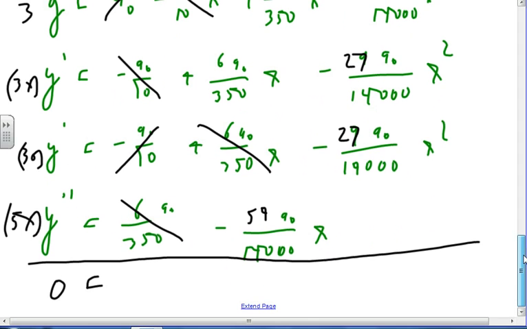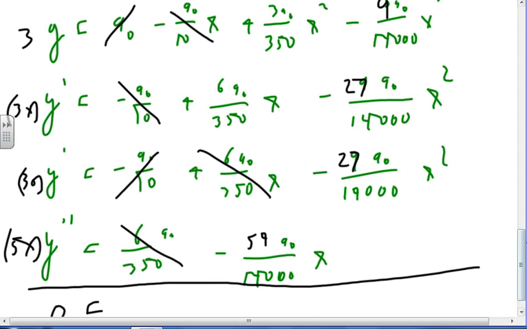All right, now we're going to look at the x squared term. Okay, so I've got 9 divided by 350. I've got 18 divided by 350. I've got minus 30 times 27 divided by 140,000.